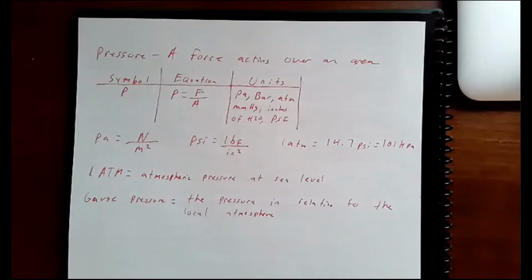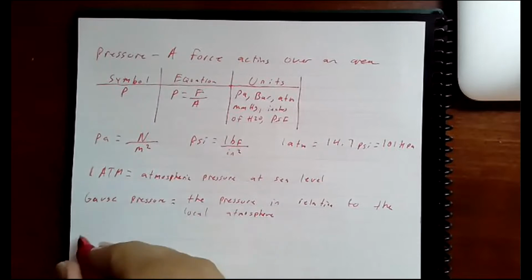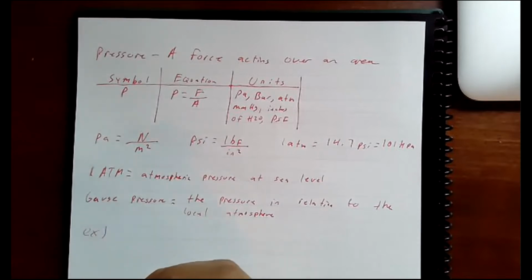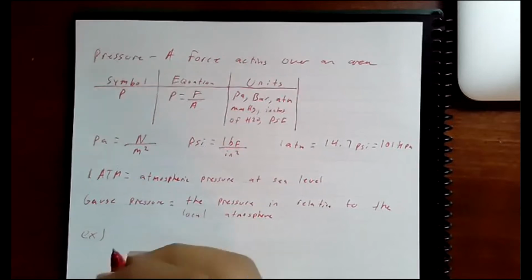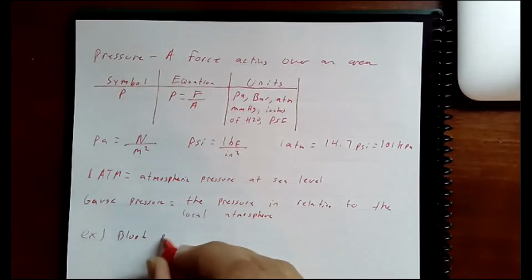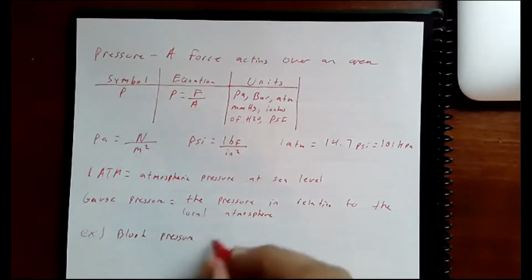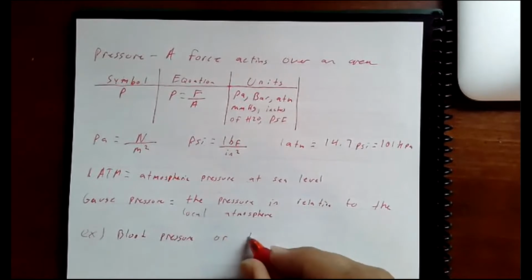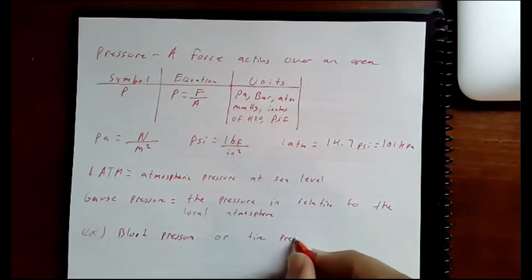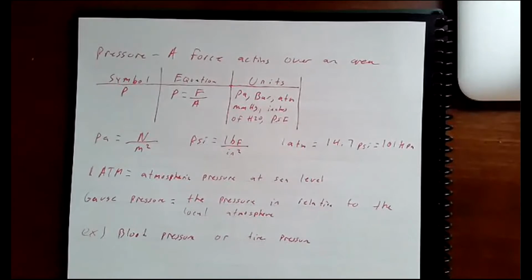So if you're measuring in atmospheres, that's what we're talking about. Okay. Let's give some examples here. We're using a basic gauge like for blood pressure or tire pressure. That type of stuff.